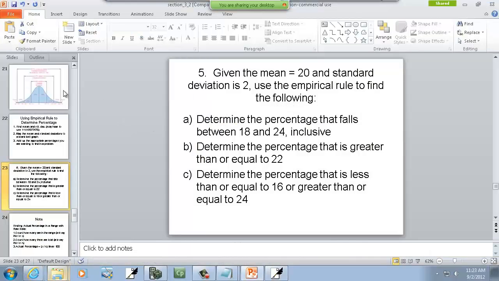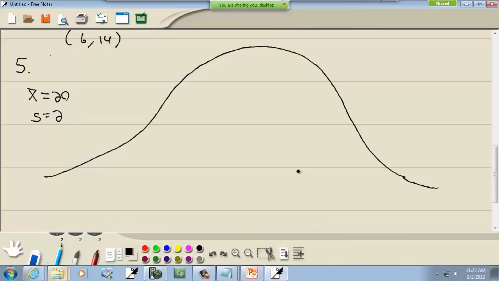It says use empirical rule, so let's go back to here. Exactly in the middle is our mean. So that'd be 20. Going one standard deviation on both sides, this would be x bar plus one standard deviation, that's S, not 5. That would be 20 plus 2, so that'd be 22.